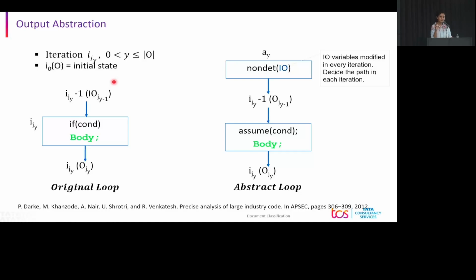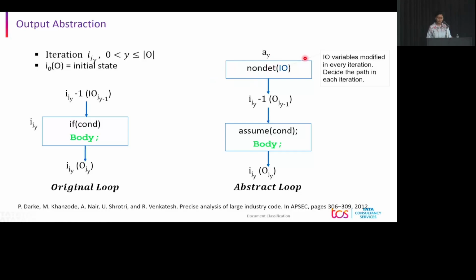These are the variables which are going to decide what path is taken through the loop body. And once we have the set of these values, then we just execute the loop body and then we can generate the outputs after this iteration, right?